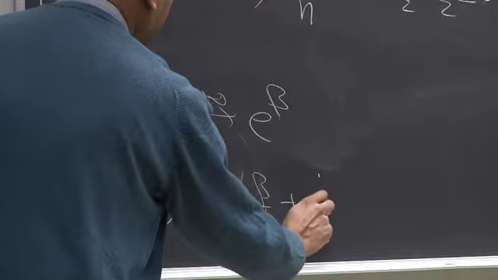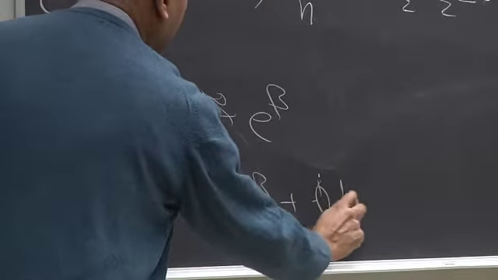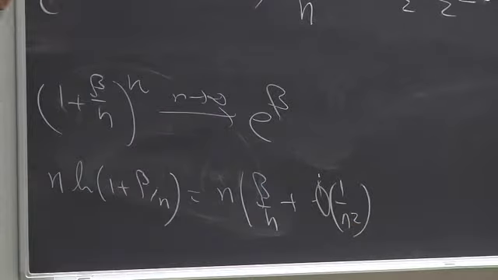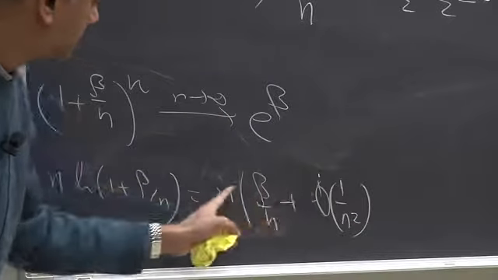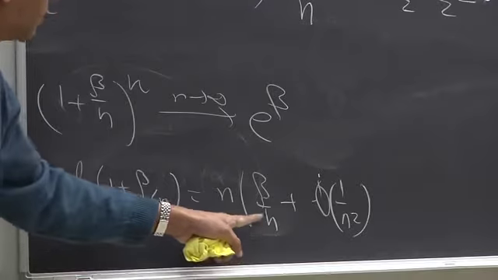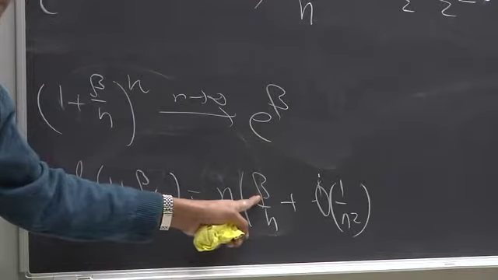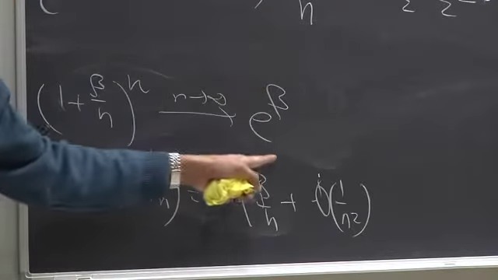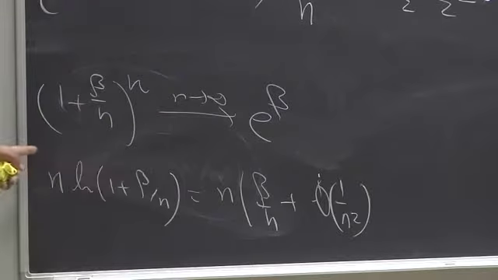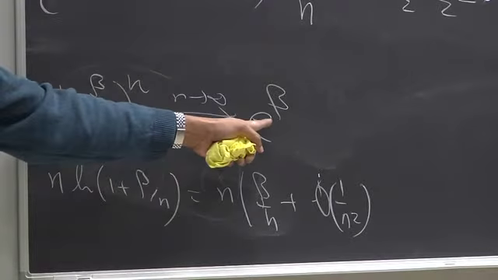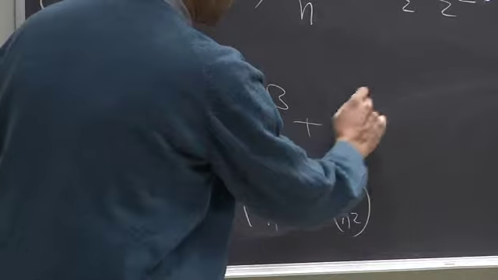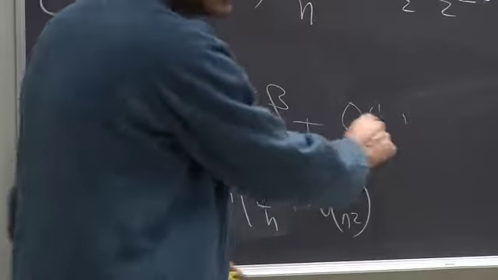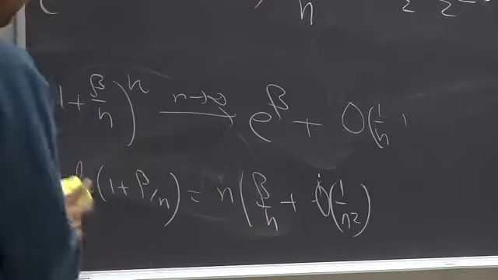Then the higher powers will be of order 1 over n square, so that is not important because that will be 1 over n down. The important point is this one, which is just beta, which is indeed the log of that. So you see that in the large n limit, this goes like that, plus order 1 over n corrections and so on. But we're not interested in that.